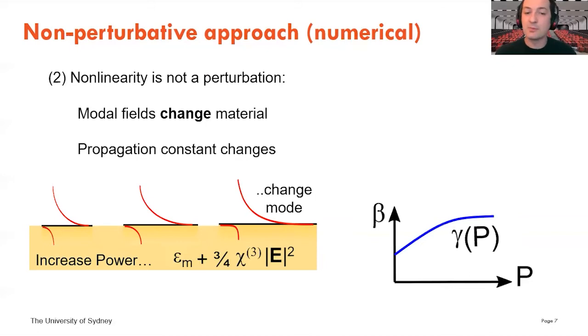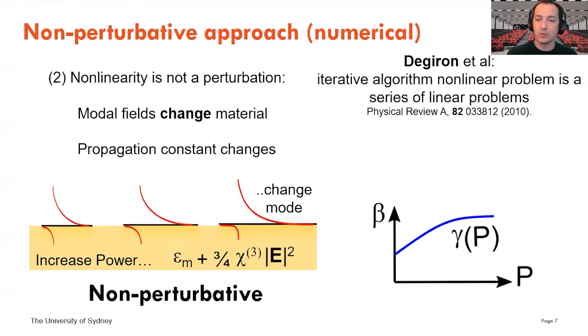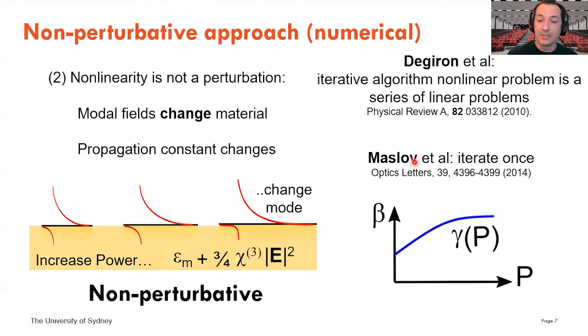And there are two approaches worth mentioning that do this procedure, and the first is due to de Sterke. In that case, the nonlinear problem is transformed into a series of linear problems, which in essence perform the numerical version of the process that I've just described. Maslov and others have shown that by just performing the iteration once, you get the right solution with sufficiently high precision.